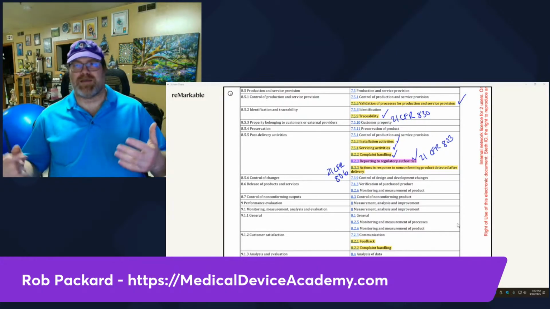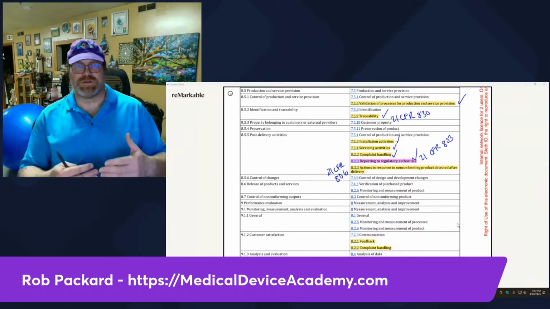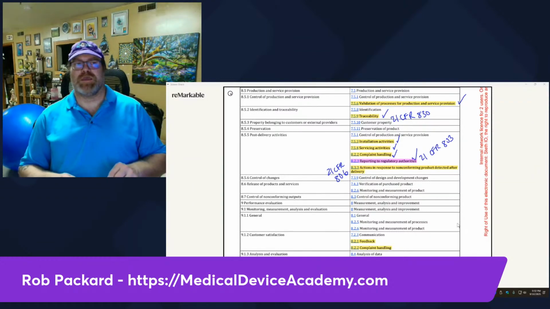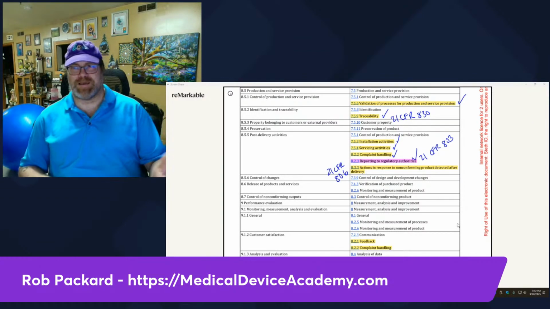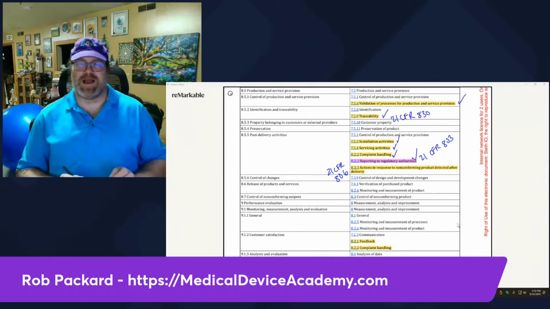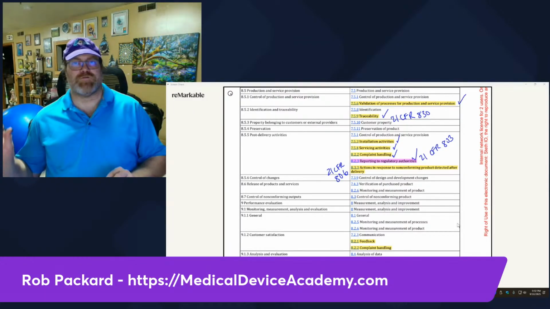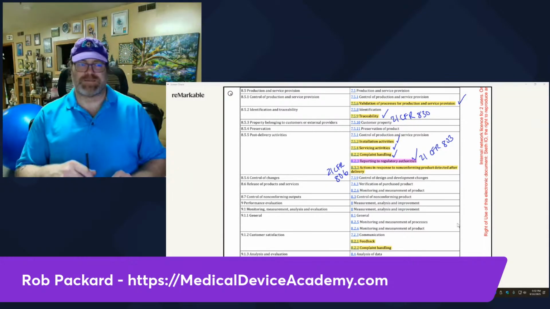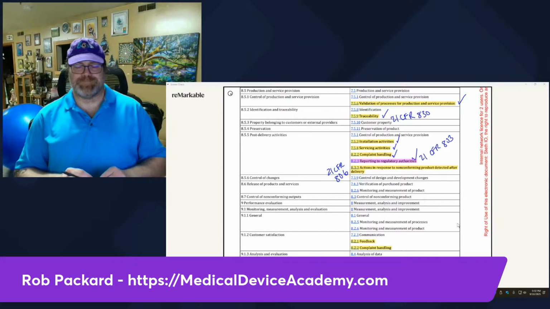They still would have return of product and correction and removal of product, but they don't have specific regulations on how it has to be done and documented and reported. So those are unique requirements to 13485 that are not in 9001. They wouldn't be as big of a deal for your contract manufacturers because your contract manufacturer is unlikely to recall things, but your company is. So you need to make sure you have that.